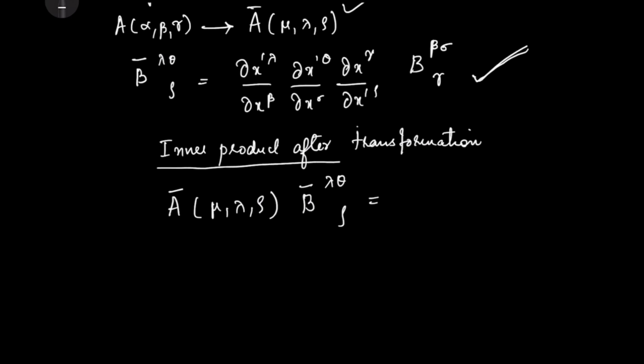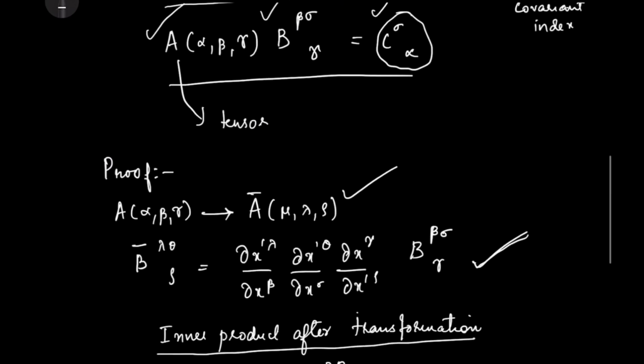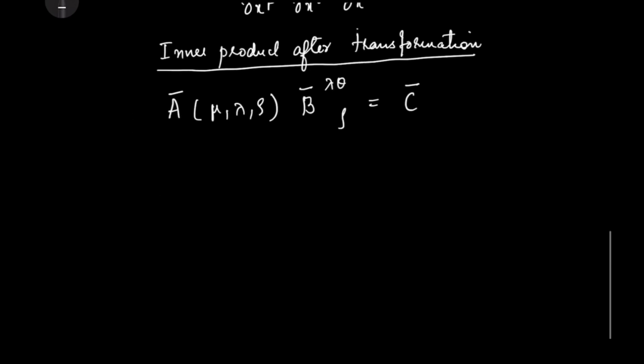Now, even after transformation, it should give a tensor, right? So what is the property of a tensor? Even after the transformation, the tensor nature should not change. So if the inner product of A and B is a tensor, then even after transformation, that is A bar multiplied by B bar, you should get C bar. Let this be theta and mu.